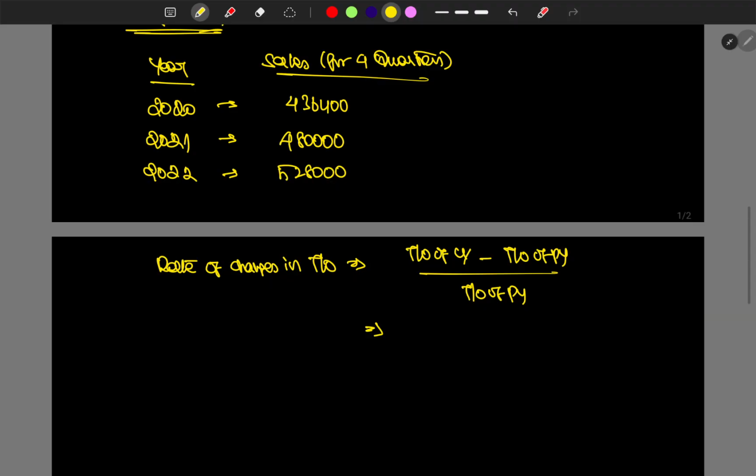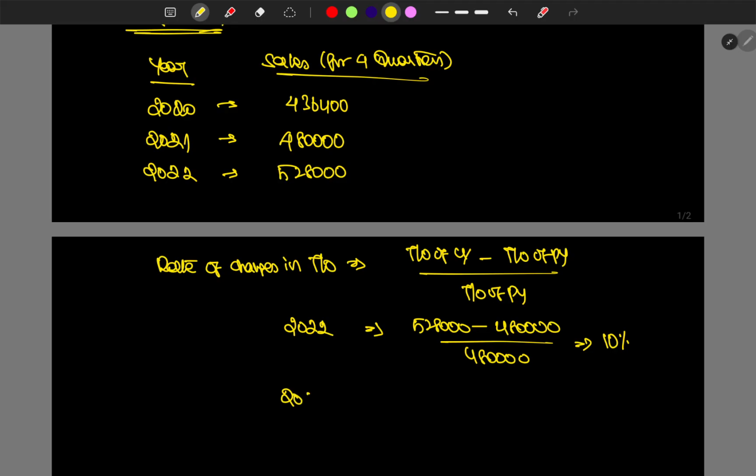For 2022, what's the upward trend? 5,28,000 minus 4,80,000 divided by 4,80,000, which is 10%.